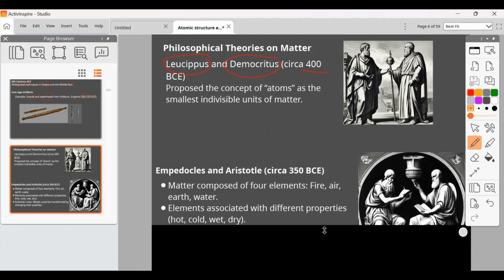Then two other scientists, Empedocles and Aristotle, around 350 BCE, said that matter is composed of four elements, and these are fire, air, earth, and water.